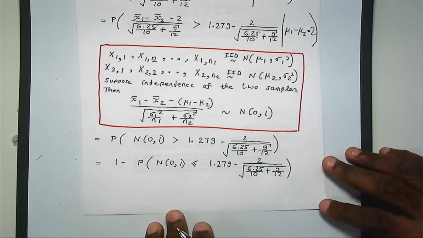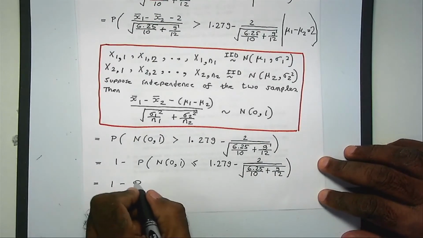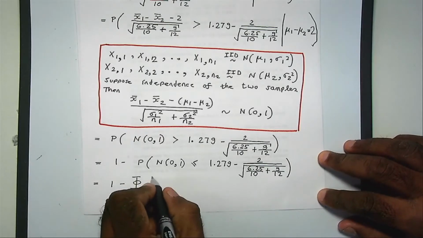And this is 1 minus phi. This phi denotes the CDF of the standard normal.